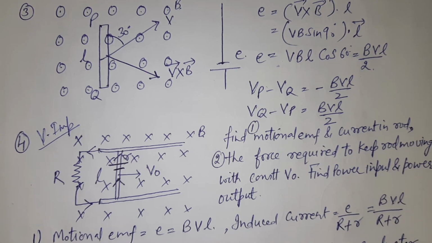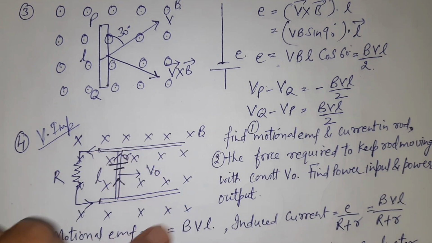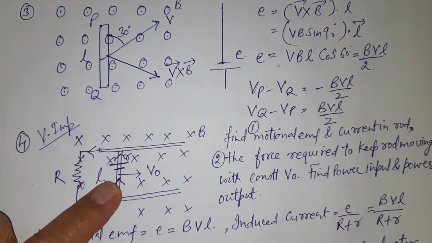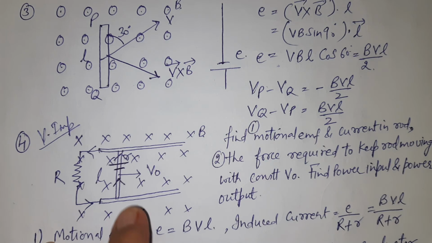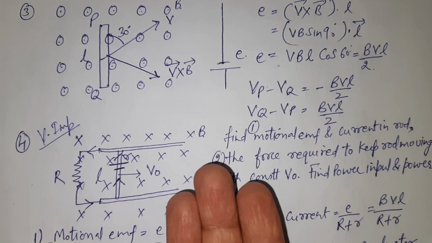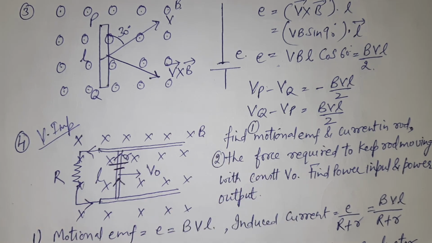Now a current carrying conductor placed in a magnetic field will experience force. For finding the direction, this is the magnetic field and this is the velocity, so force will be outward.